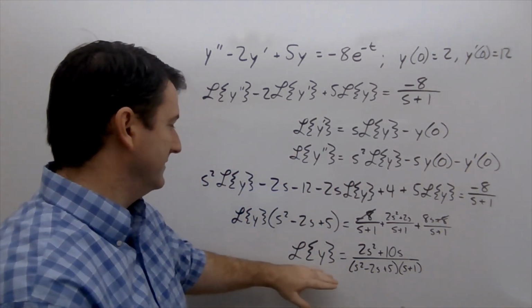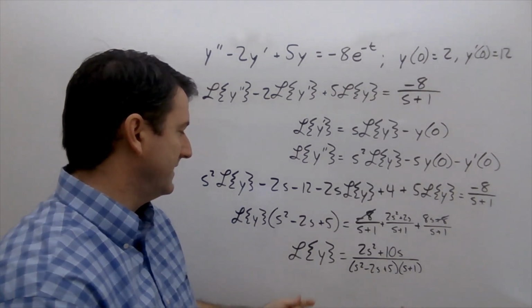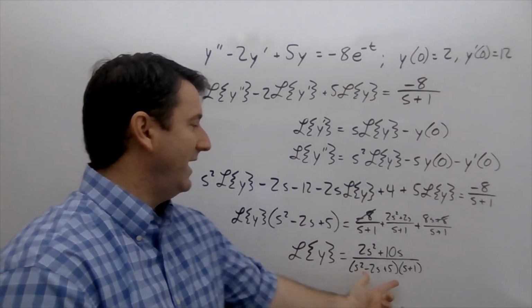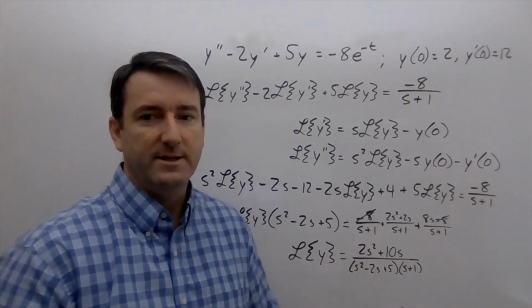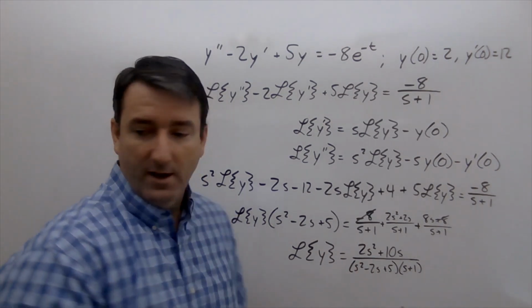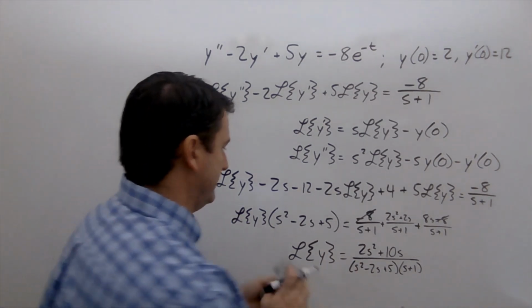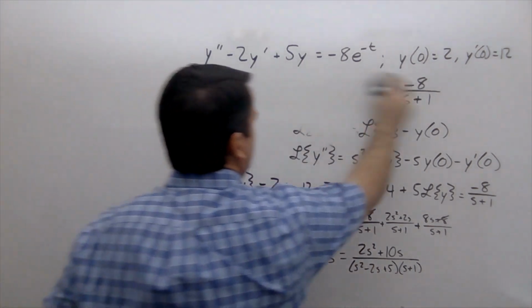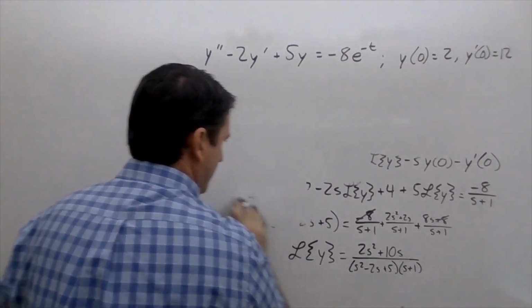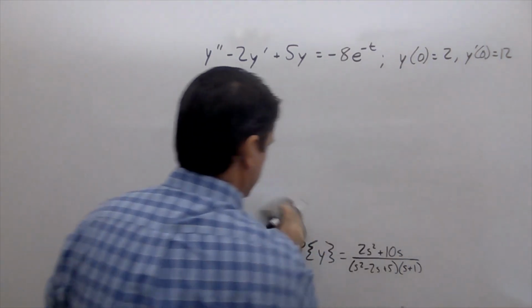Now what we need to do is take the inverse Laplace transform of both sides to get this equal to y and this into the t domain. All right, so let's put this up here.